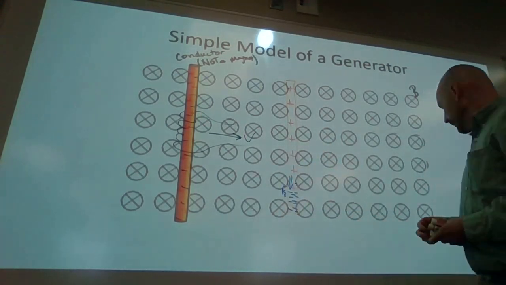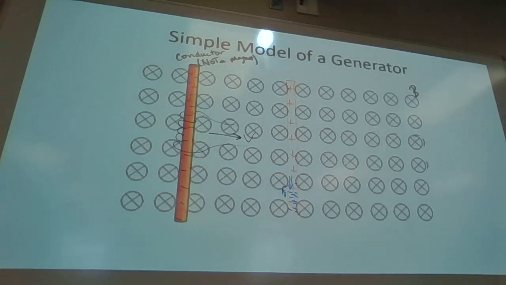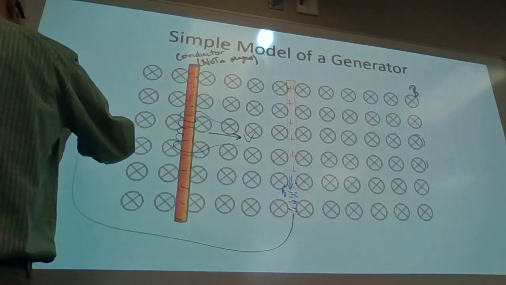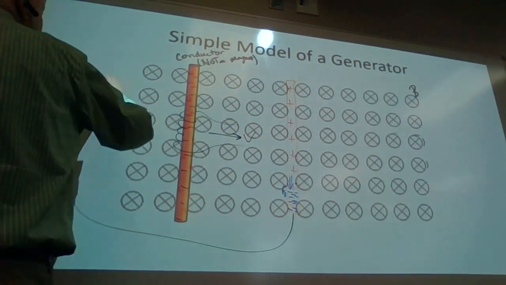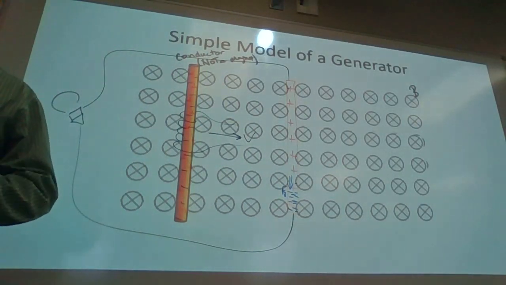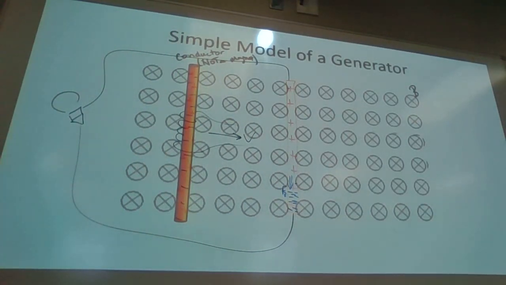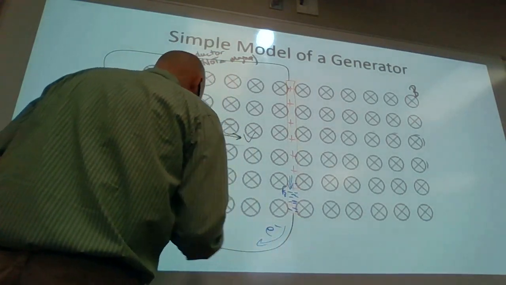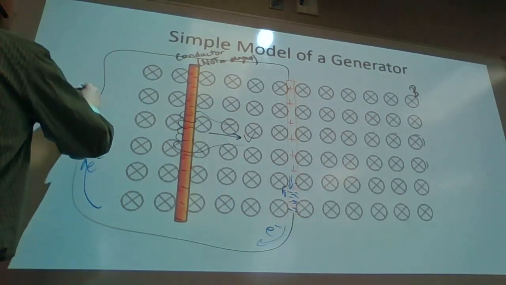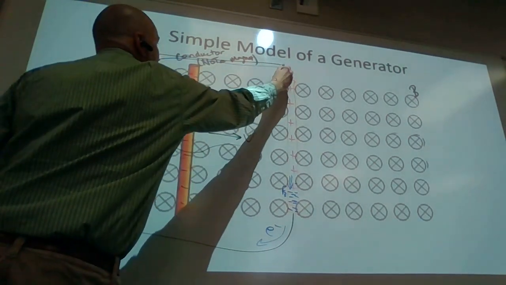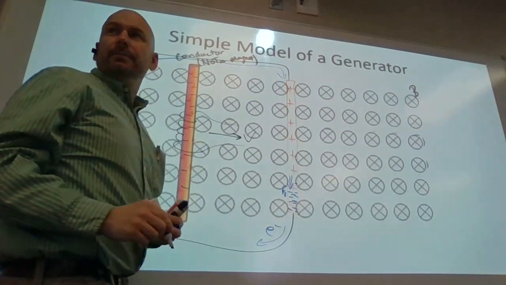Okay. Now, if we were to give an option, i.e. a circuit, what would happen? And this continues to move. Electrons are like, yeah, come on. Bing. Light goes on. Now, what happens when the electrons get back in here?